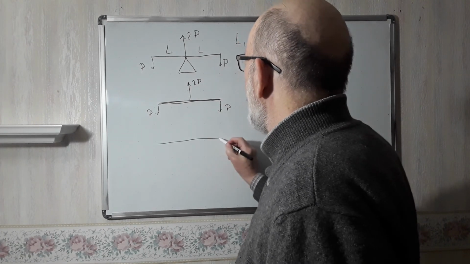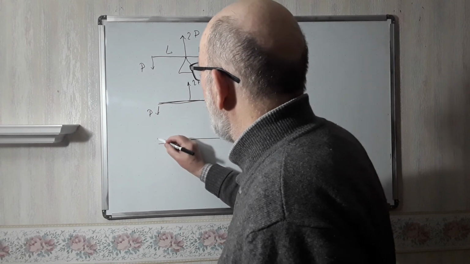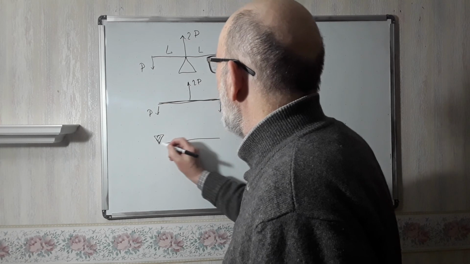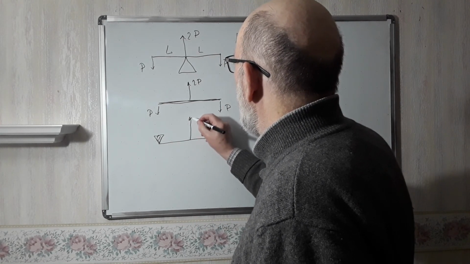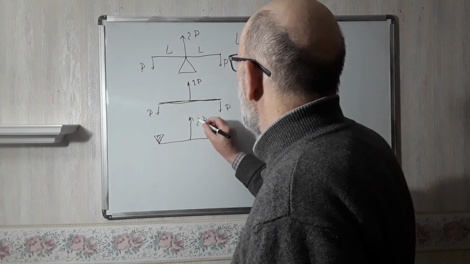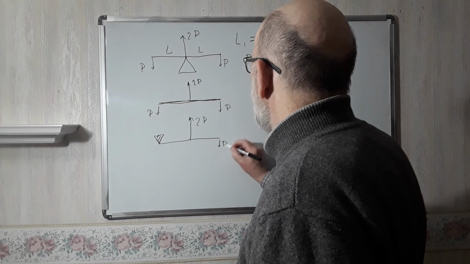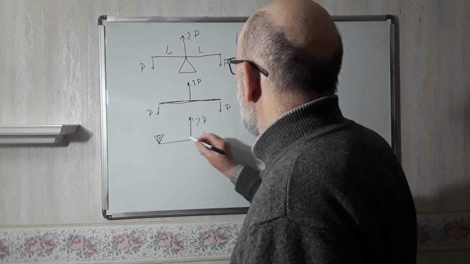So this is the lever. Here we have, instead of this force, another support. Here at the end we have the force 2P, and here we have force P. So this is L and this is L.